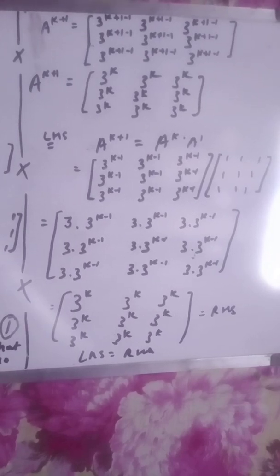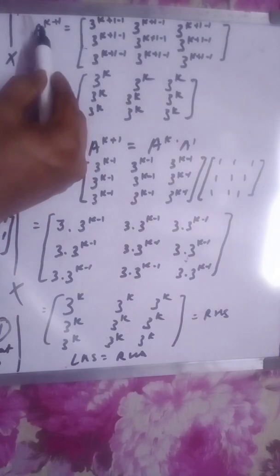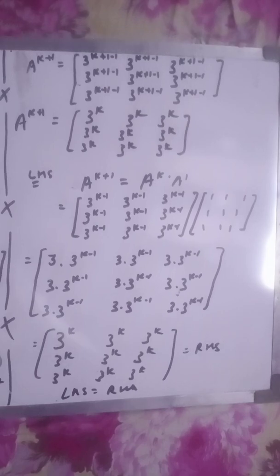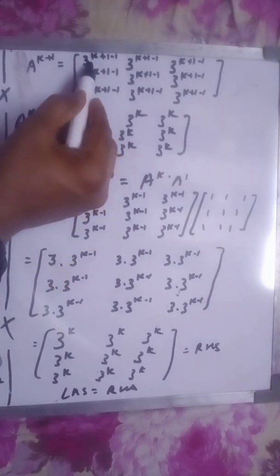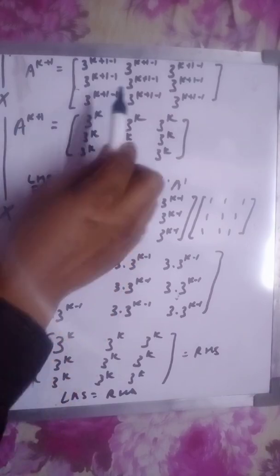Here it is. In place of n you have to put k plus 1. When you put k plus 1 you will get this statement. And in place of n, here again you have to put k plus 1, and after putting this value you will get this whole matrix.